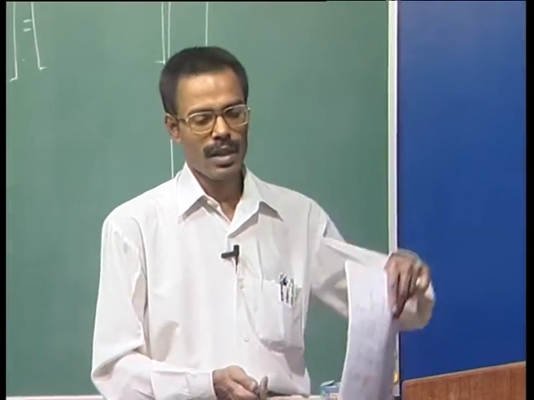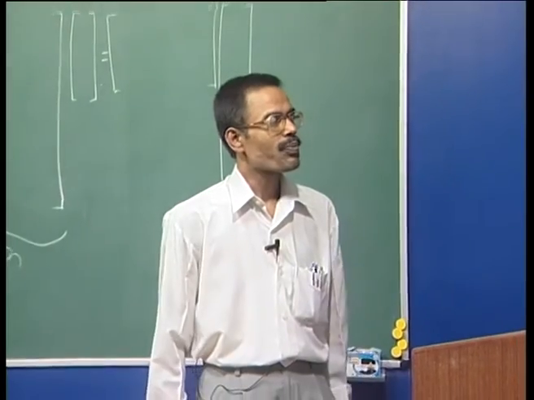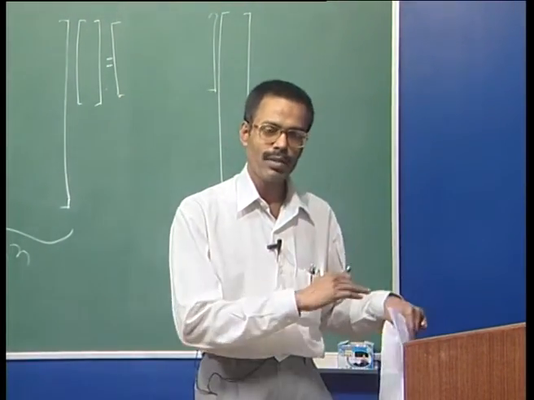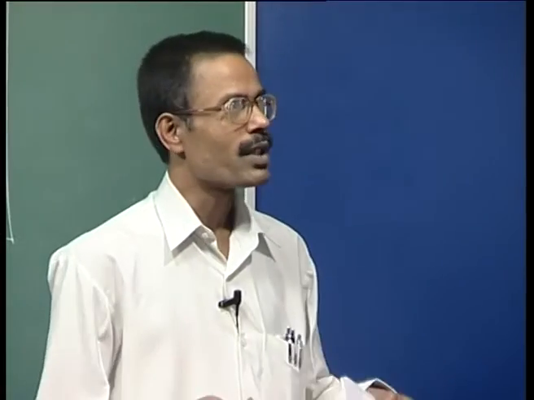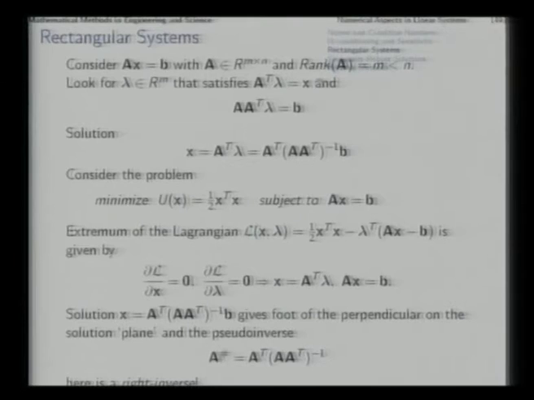Now, we found two situations of rectangular systems of equations. In one case number of equations is more, in the other case number of unknowns is more. Now, in the most general situation where it could be either this way or that way, compounded with the additional problem of ill conditioning, that is rank of A is not even m, is less. In the other case rank of A is not even n, even less.